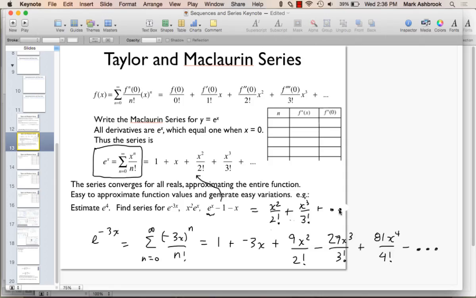So we could write that, there's a couple ways we could write that. We could just write that as starting at n equals 2, n equals 2 to infinity. Or we could do n equals 0 to infinity, and that would be x to the n plus 2 over... 0 needs to give us 2, and 1 needs to give us 3.